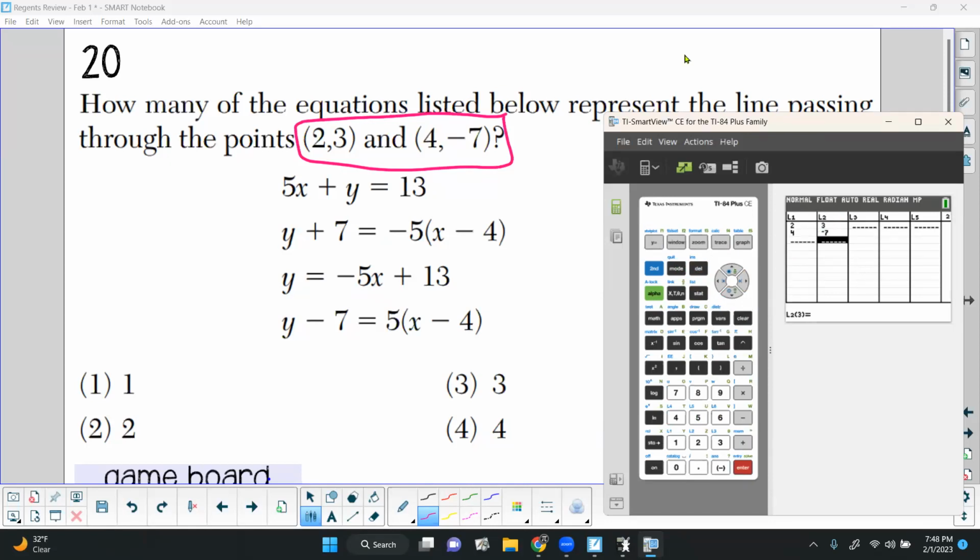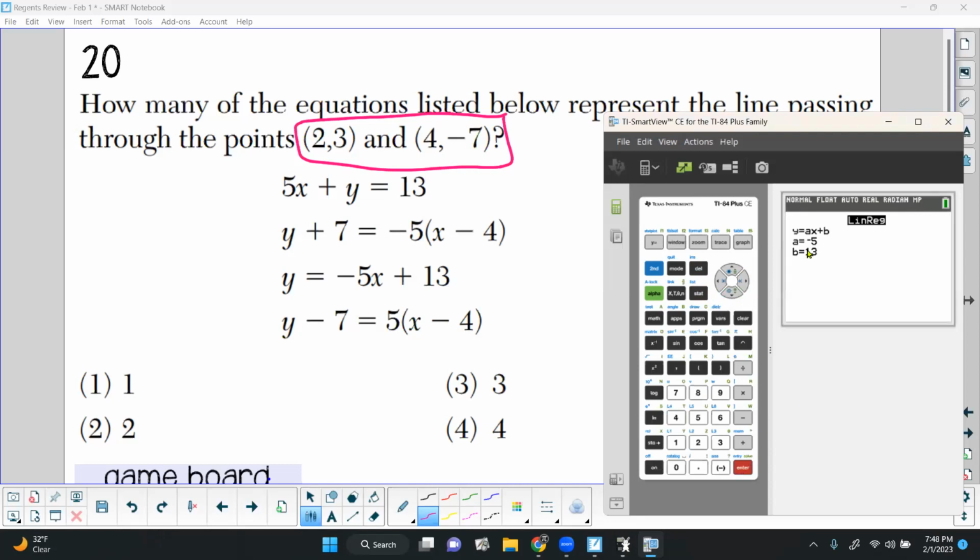Now I'm going to create the y equals mx plus b line. I'm going to create that y equals mx plus b line by pressing stat, calc, lin, reg. All right, there it is. So the 2 points from the question have to be this sentence. Y equals -5x plus 13.